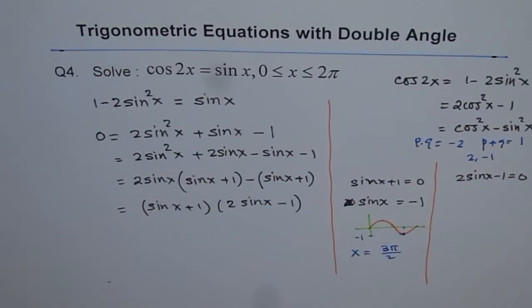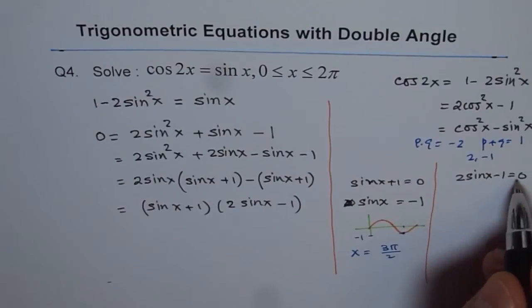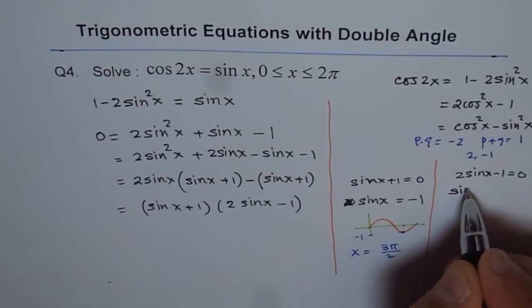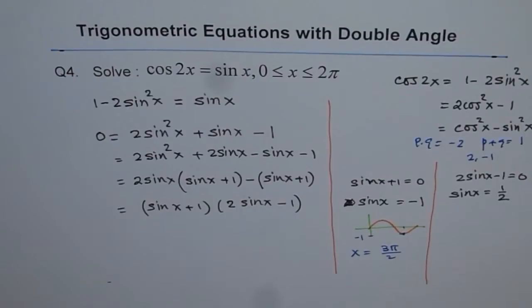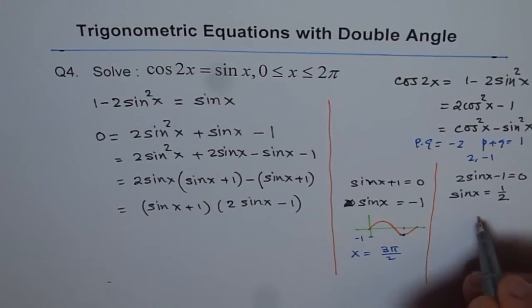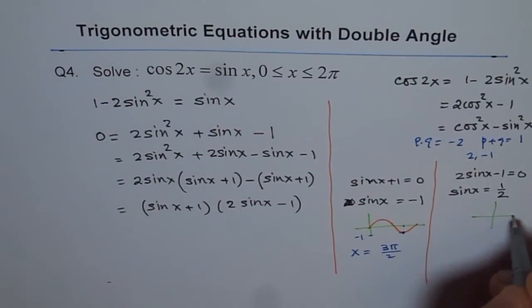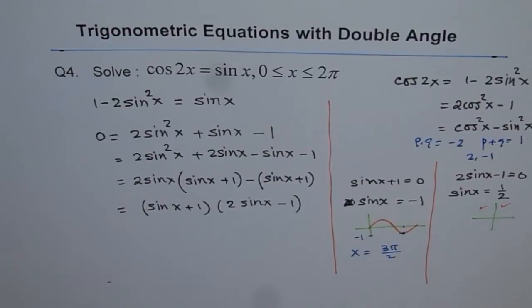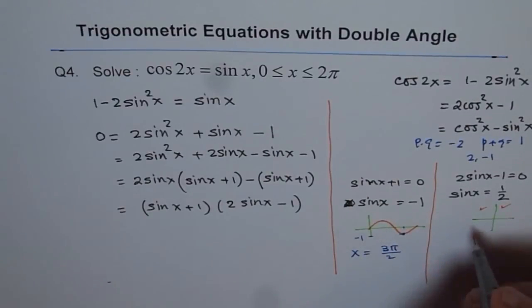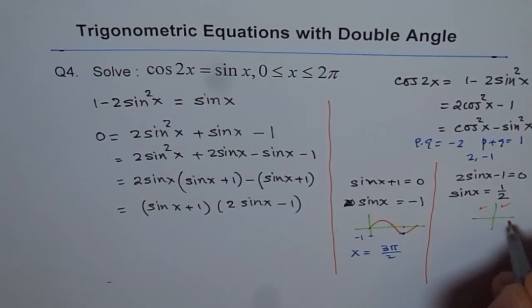Now the other solution for us is sin x equals 1 over 2, that is half. Now when is sin x half? For sin x to be half, it could be in which quadrants? Half is positive half, right? These two quadrants. And then we can also take help of our special triangles, 30, 60, 90.